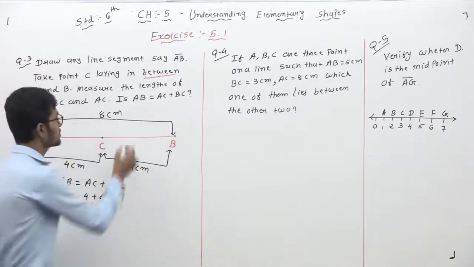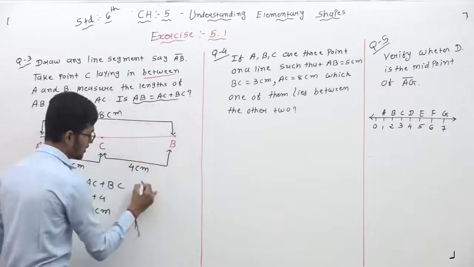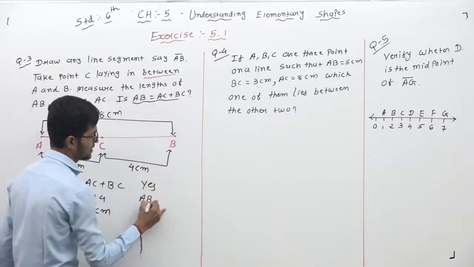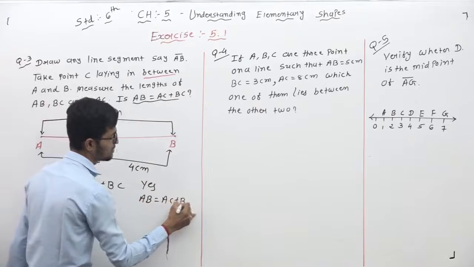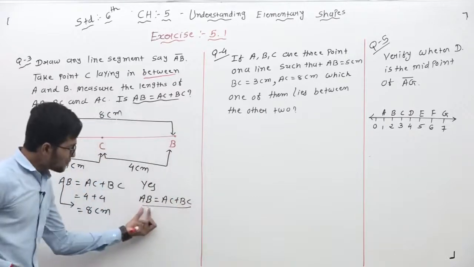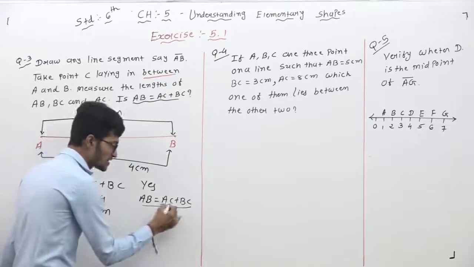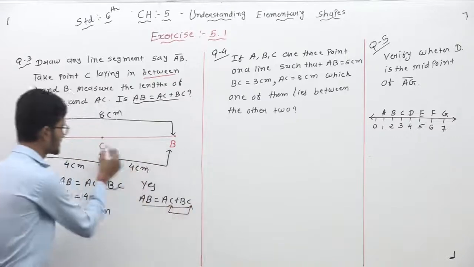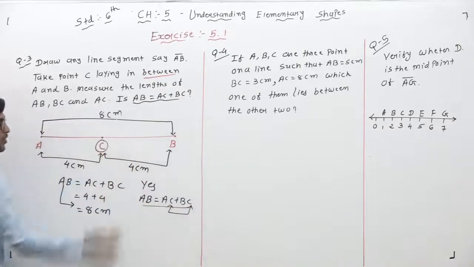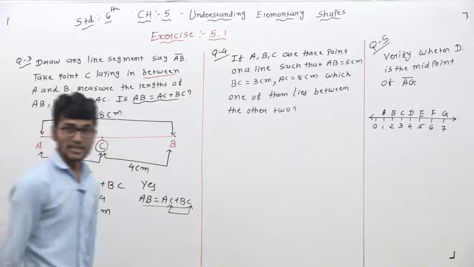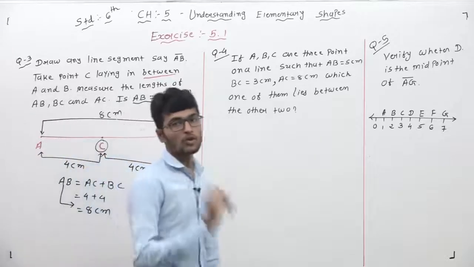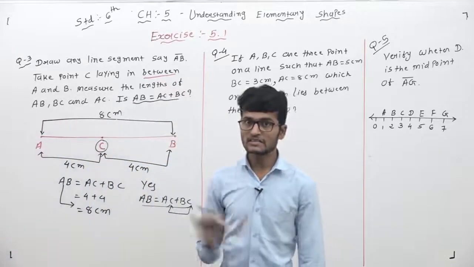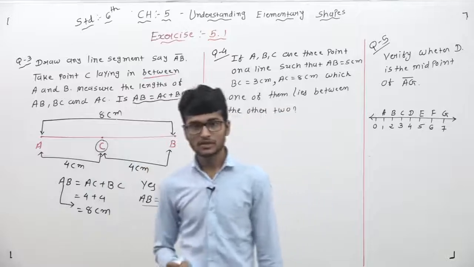Yes, AB is equal to AC plus BC. It means C is the midpoint of line segment AB. Understand? Question number 3. Okay.